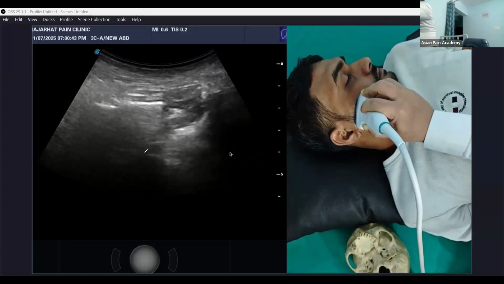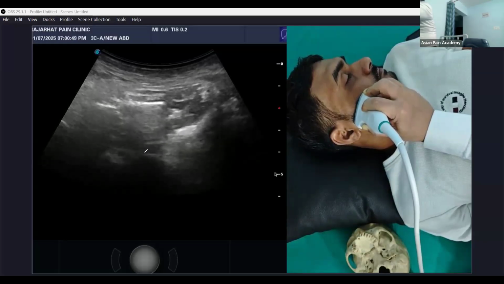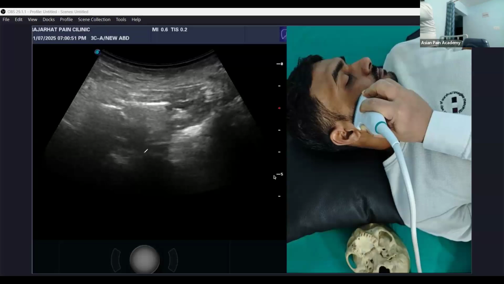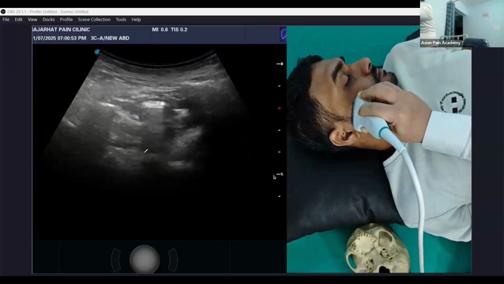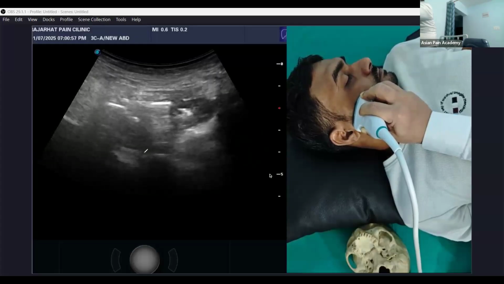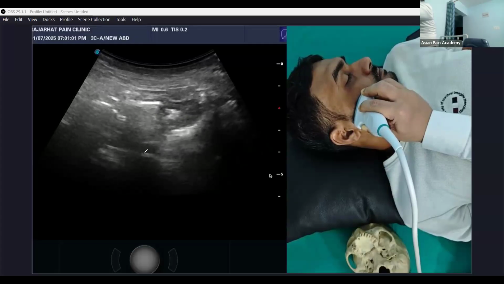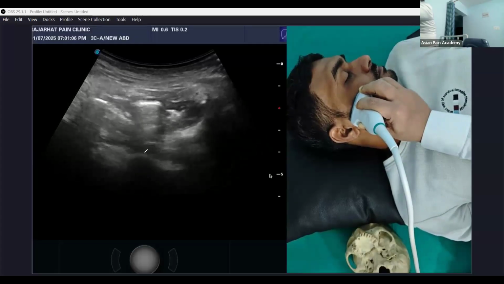So with this picture, we know how much depth there is for the pterygoid plate to hit. So you can see it is like 4.5 centimeter like that.